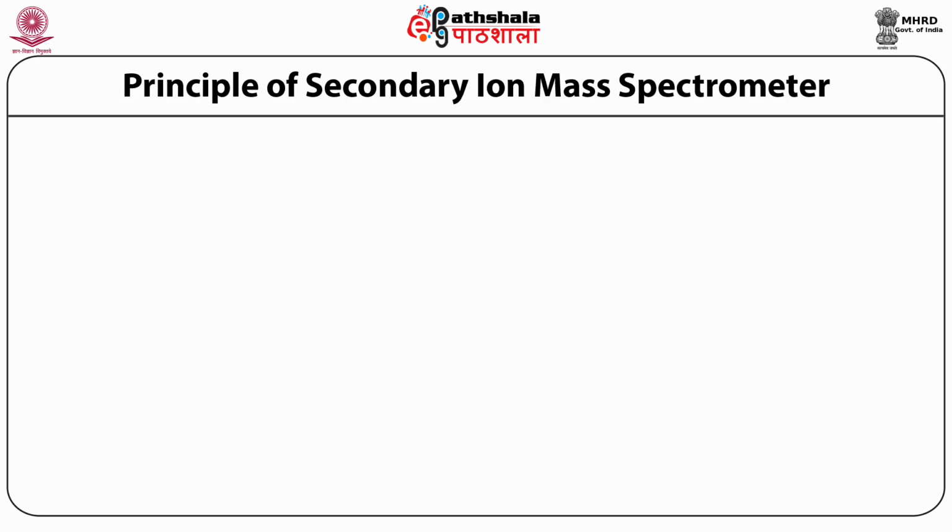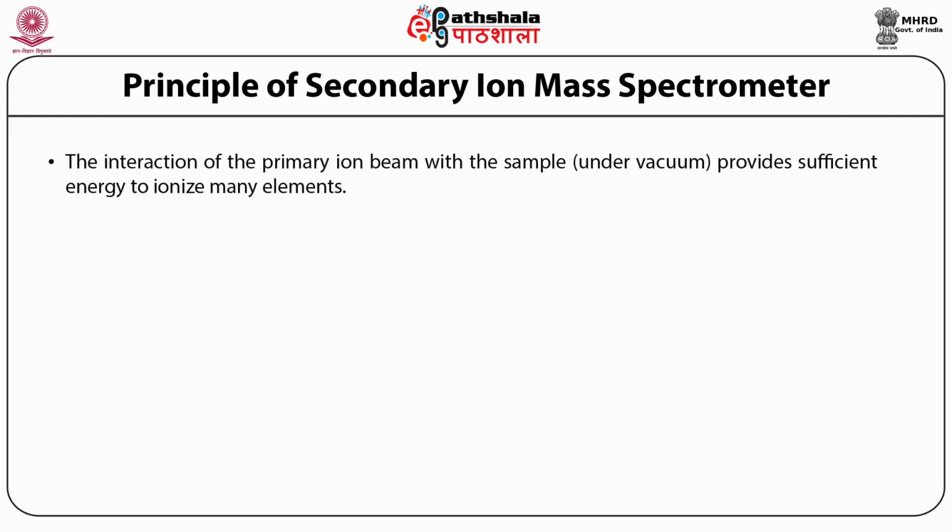Principle of secondary ion mass spectrometer. The interaction of the primary ion beam with the sample, of course under vacuum, provides sufficient energy to ionize many elements. If the primary beam is composed of positively charged ions, the resultant ionization favors production of negative ions.